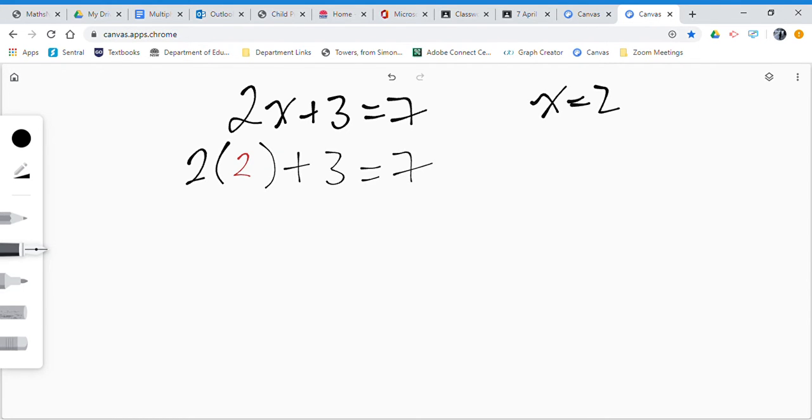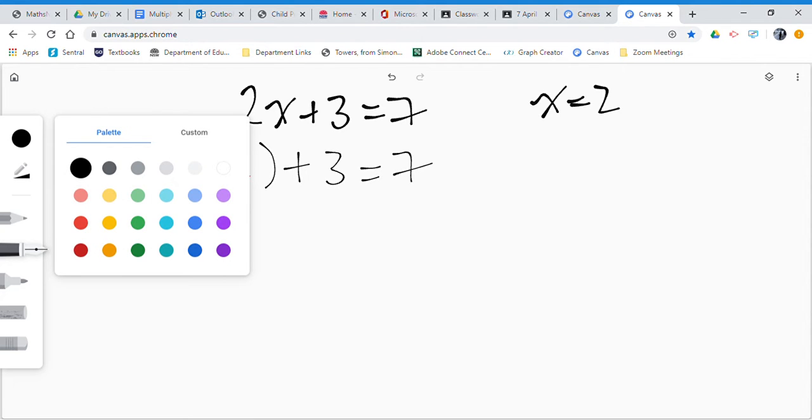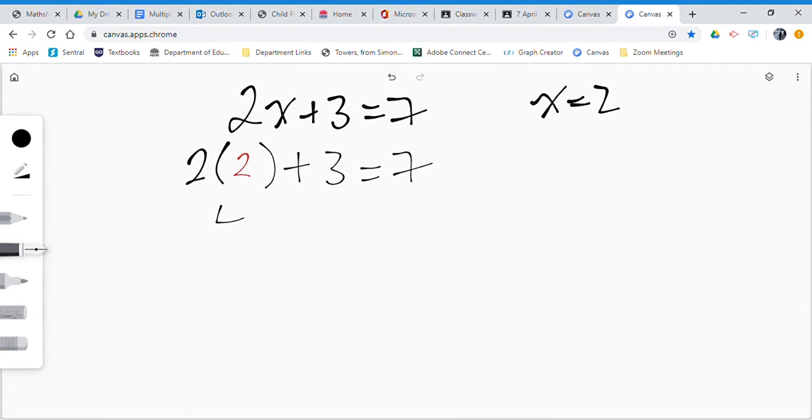What's 2 times 2? It equals 4, plus 3 equals 7. And then finally 4 plus 3 is 7. You can see that this is true because 7 equals 7.